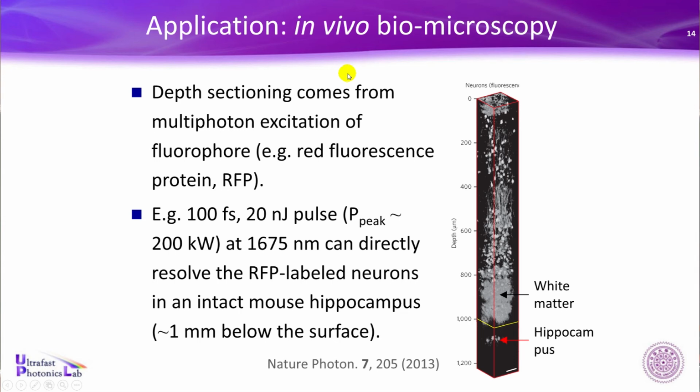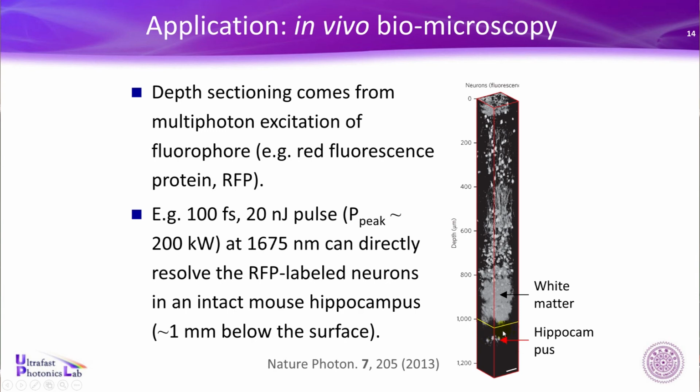Usually, the researchers in life science rely on some fluorophore, for example, the red fluorescence protein or RFP, to label the specific targets of interest. 他们想观察的东西，要先用这个不同的染料介质，这些染料会附着在他想看的东西，这是第一步。But usually the fluorophore can be excited by visible light or UV light.